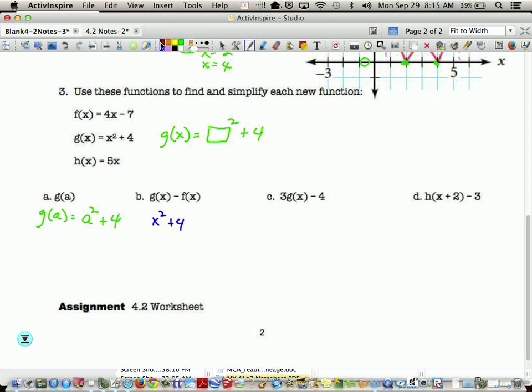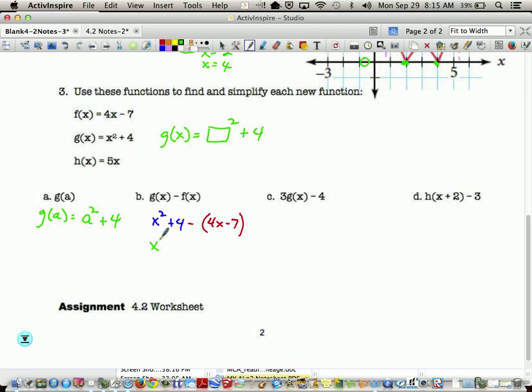To make sure I'm not making a mistake, whenever I subtract, I'm going to put down a set of parentheses. So I'm subtracting what now? F. And F is the 4x minus 7. So I'm putting the parentheses there so that that negative sign gets distributed properly.